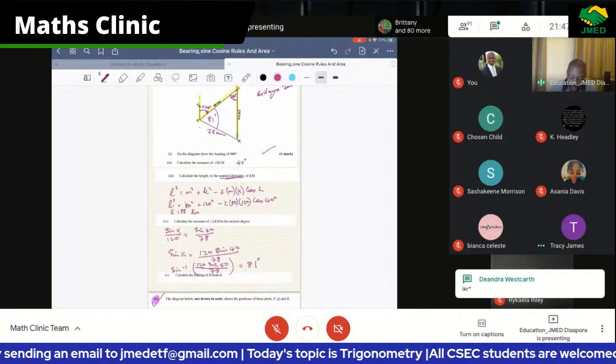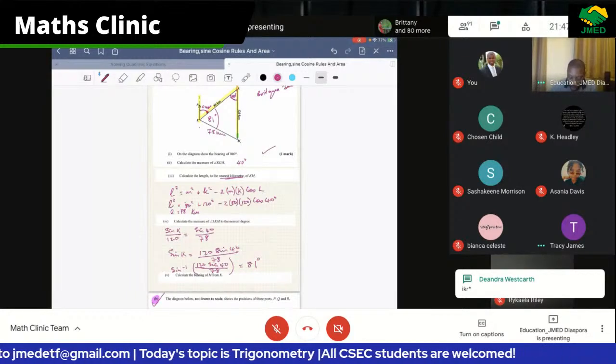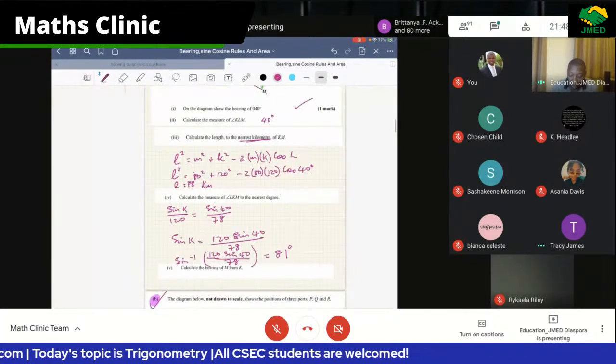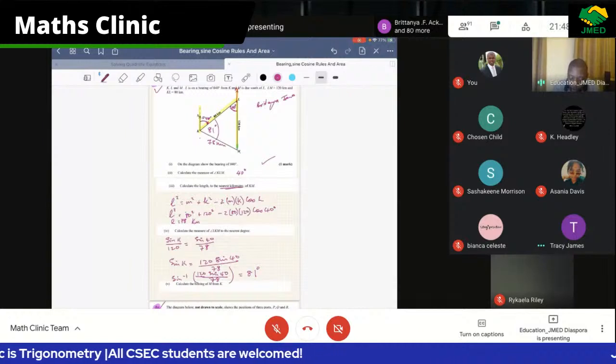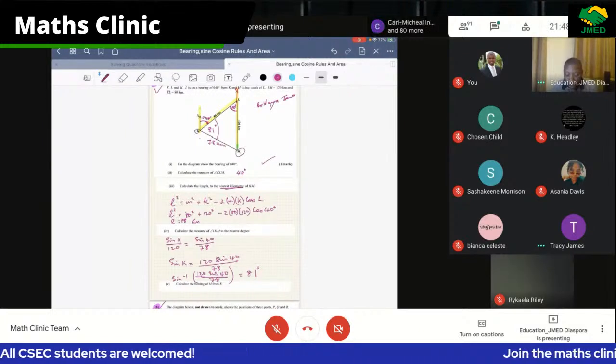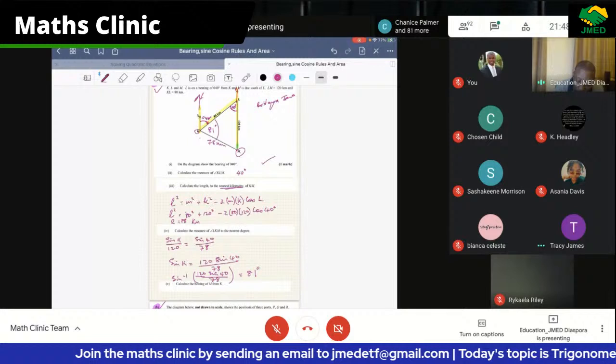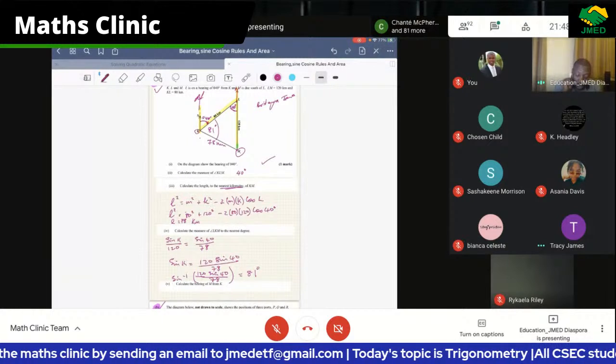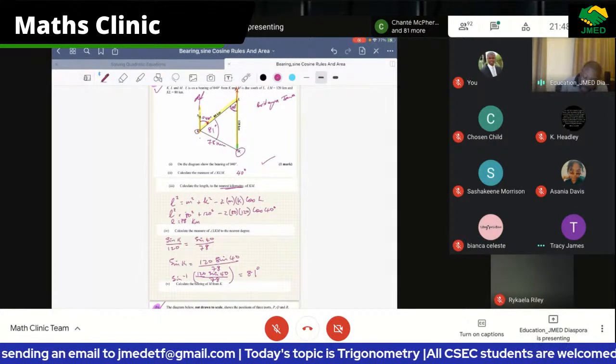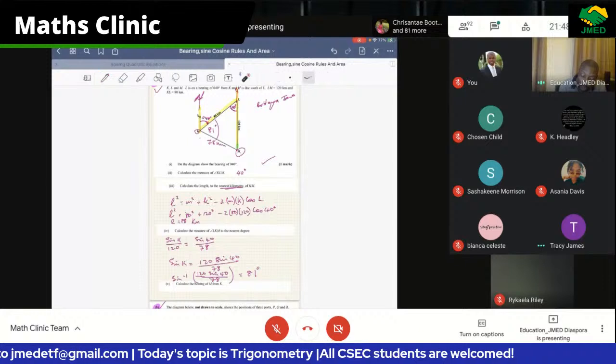81. It says calculate the bearing of M from K. So here is M, and that's K. So here we've got 81 degrees from K, from our reference point. And our reference point, our north, is going to be here. Bearing is measured in a clockwise direction from north.